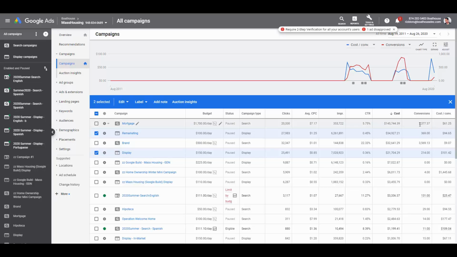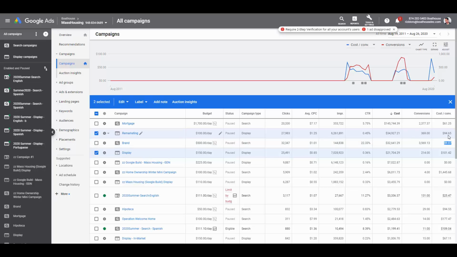It drove over 2,000 conversions at $61. That's a search campaign. The GDN campaign drove 369 at $94, and this GDN campaign 214 at $101. And brand here is obviously doing really well. It drove the most conversions at over 3,500 conversions at just $9, right? This is a brand campaign.